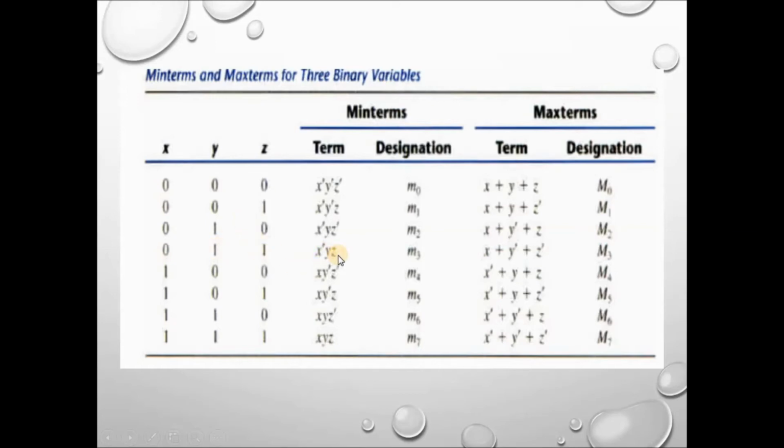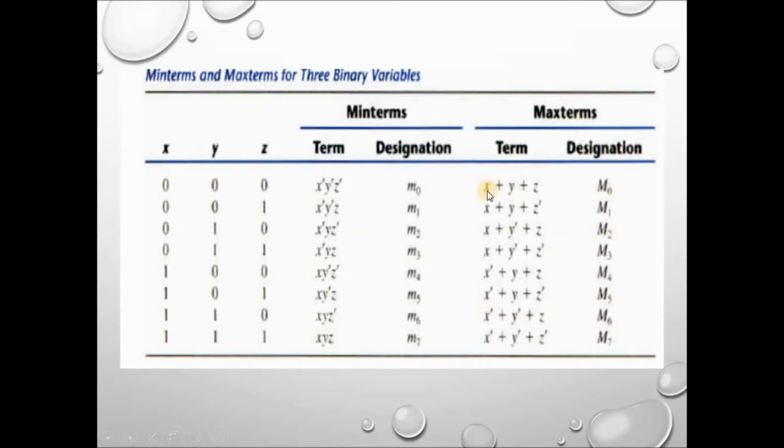Clear? These terms you can also write as m0, min term 0, min term 1, 2, 3, 4, 5, 6, 7, according to the decimal numbers. In the case of a max term, it is the complete opposite of the min term. If it is x bar there, no need to give the bar. If it is 0, you write x as true.